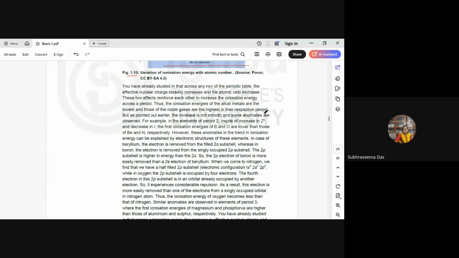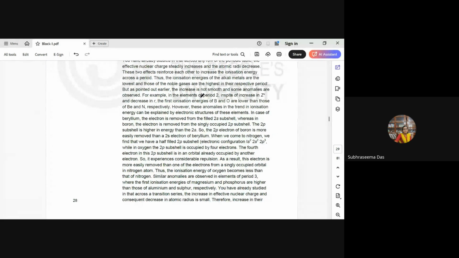So the ionization energies of the alkali metals are the lowest, and those of the noble gases are the highest when we move across a period. For example, in the elements of period 2, in spite of an increase in the Z* value and a decrease in r, the first ionization energies of B and O are lower than those of Be and N. So some anomalies have been observed.